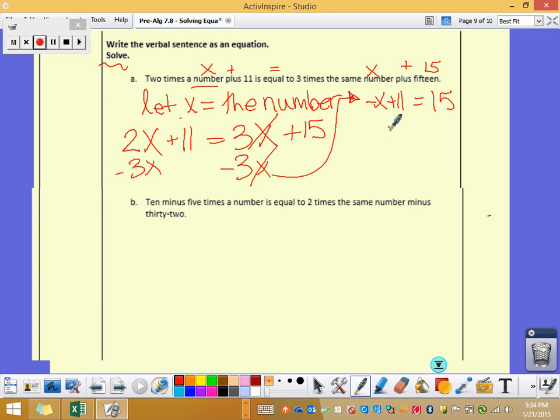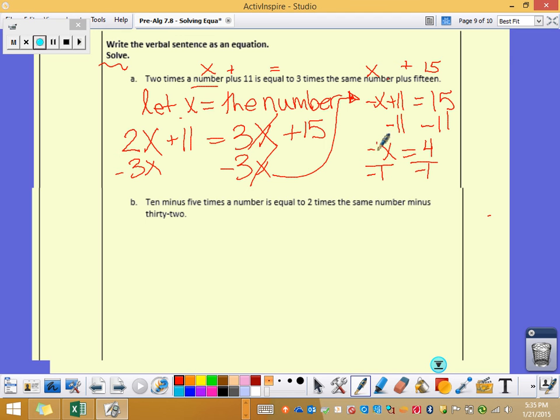Next step is to move our constants to the right. Subtract 11, negative x equals 4. But we don't want to know what negative x equals. We just want to know what x equals. So I'm going to either multiply or divide by a negative 1. I'm going to choose divide.